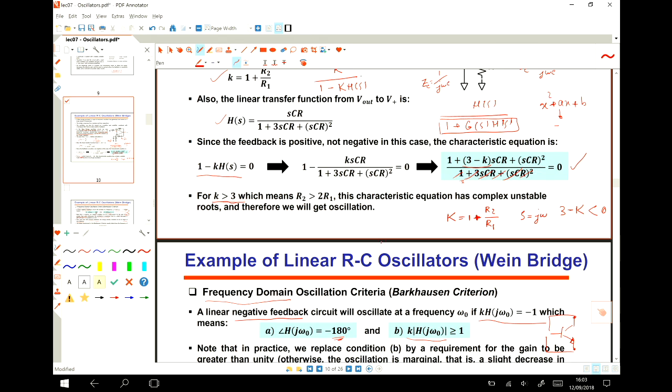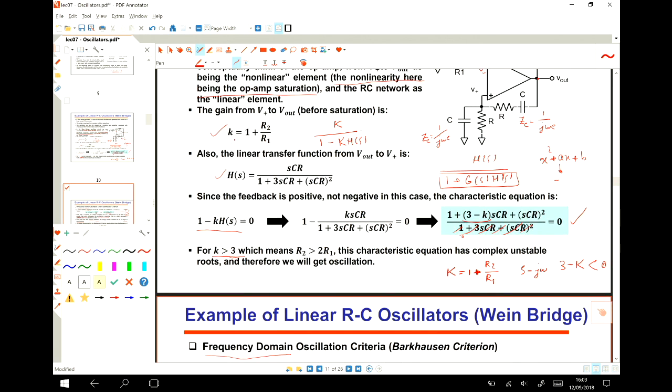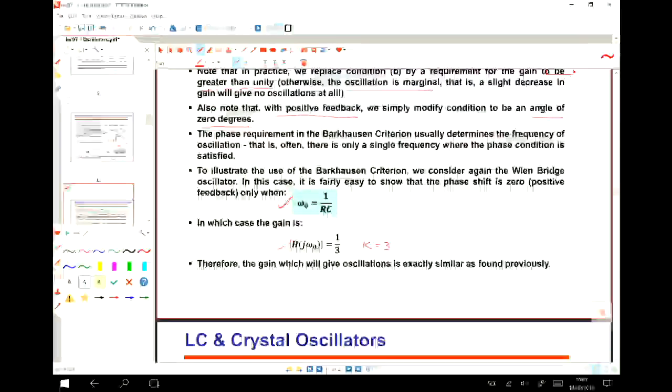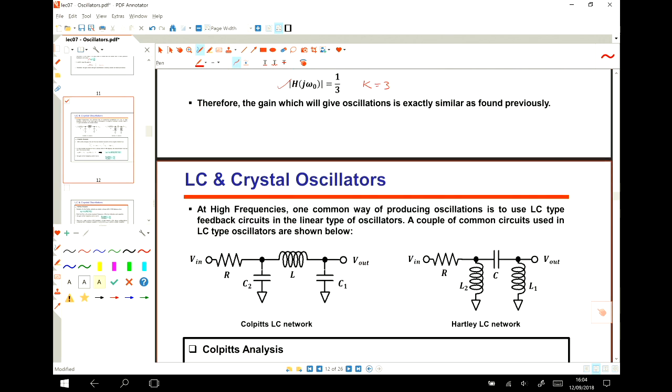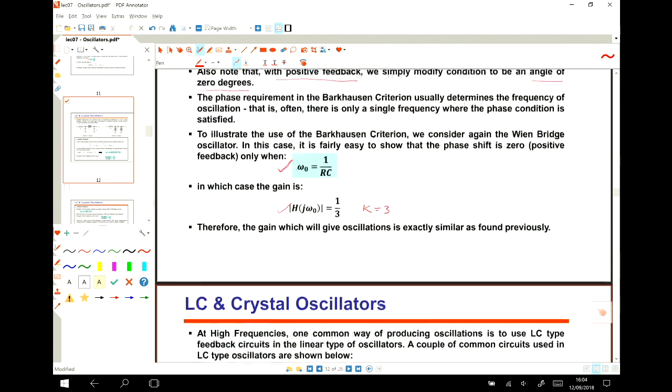In the marginal case, you see that if R2 is 2R1, K is 3. So this is exactly what we found here, that K equals 3. So K multiplied by H should always be greater than 1, a little bit greater than 1.